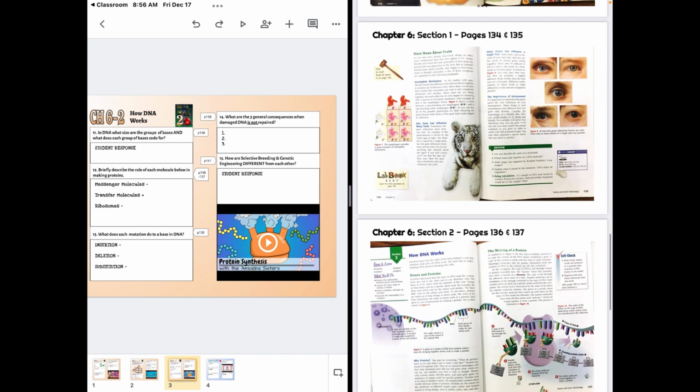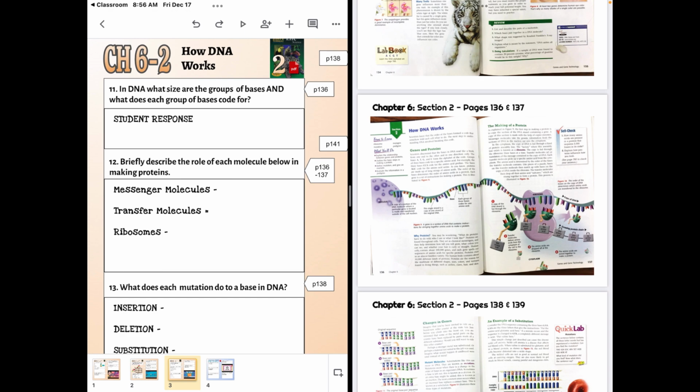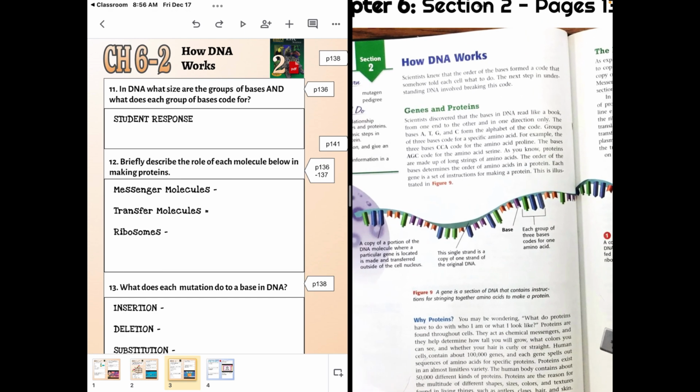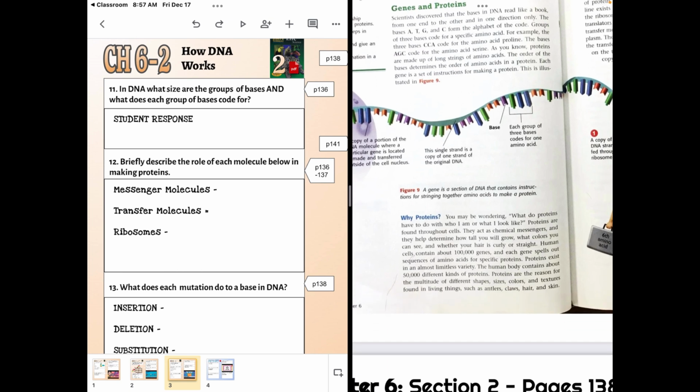Slide 3, we keep trucking along about how DNA gets turned into stuff. So the size of groups of DNA that are red, it's kind of hinted at in the picture, but it actually tells you. And the fancy name for that, a high school word, is a codon. But each group of 3 codes for a specific thing here. We have 3 parts.